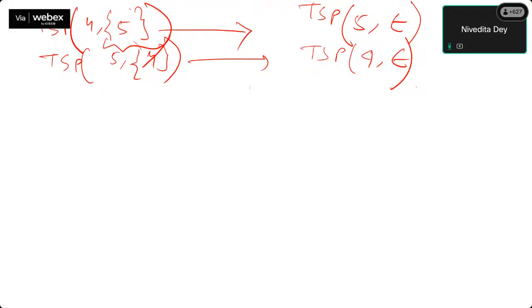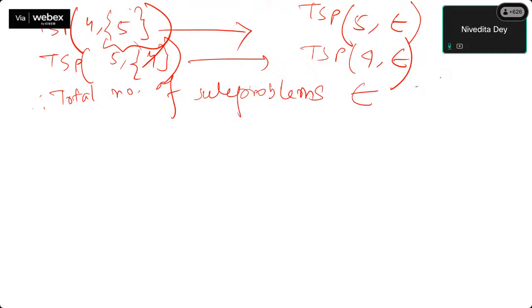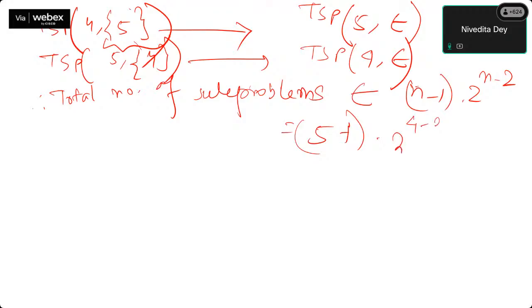So ignoring that, the total number of subproblems that will come is (n minus 1) into 2 to the power n minus 2, which is 5 minus 1 into 2 to the power 5 minus 2.